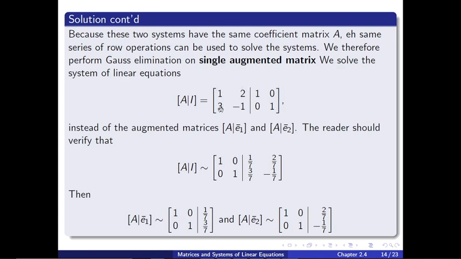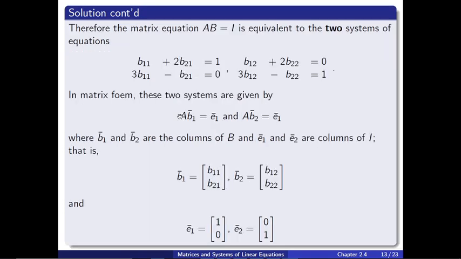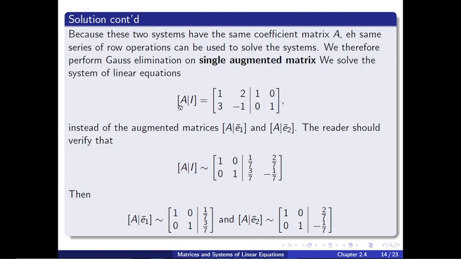So instead of having A slash E1 and A slash E2, we are going to have a combined one where we have A and then E1 there and then E2 there, since we are going to do the same row operations for E1 and E2.